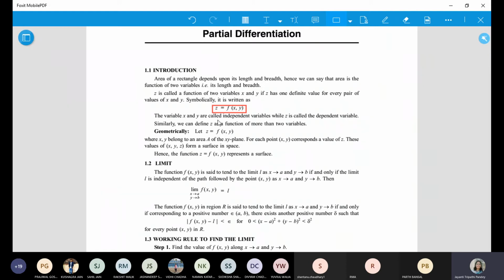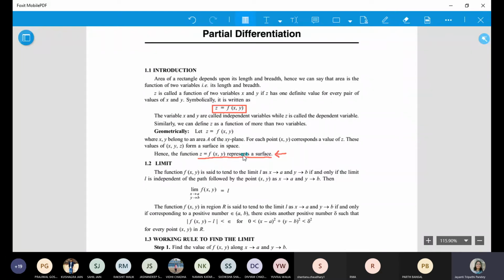So obviously when you talk about z is equal to f(x,y), it represents a surface because now two axes are involved and the points on f(x,y) will be lying on the plane. Okay, so first thing that you need to observe is that the z is equal to f(x,y) represents a surface. Okay, this is first observation.